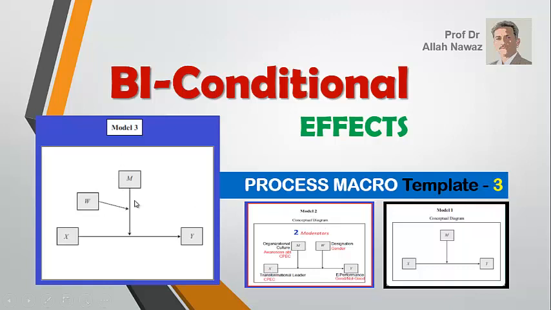However, today we are using again two variables, but they will be interacting in the model differently from Model 2, and that is both the moderators will also interact with each other before affecting x and y relationships, while in Model 2 both the moderators were acting separately and nothing was added to the total computation of effects of x and y regarding the interaction of moderator 1 and moderator 2.